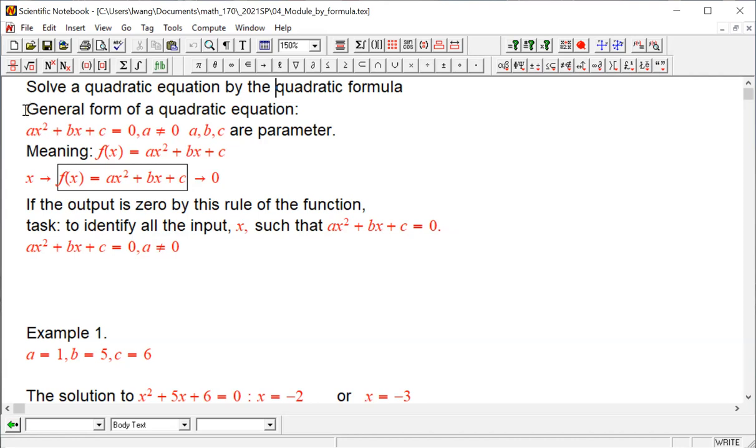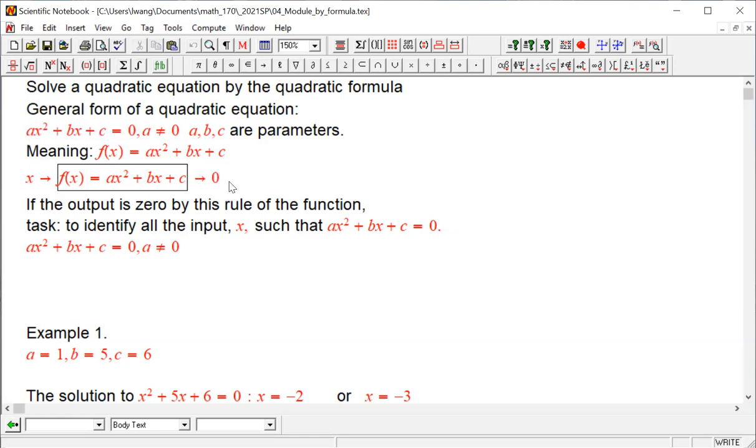So first of all, what is a quadratic function? Quadratic equation. The general form of quadratic equation is ax squared plus bx plus c equals 0, provided that a is not 0. A, b, c are parameters. And the meaning is that as a function, the output is 0.